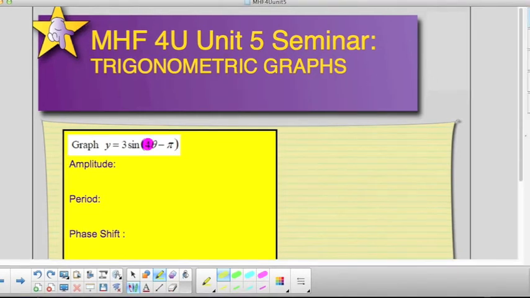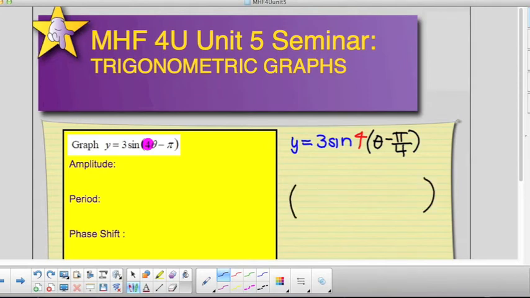So the first thing we're going to do is rewrite our equation. So this is y is equal to 3 sine, and I'm dividing both terms by 4, so I'm taking 4 out. Theta minus pi over 4. So before we analyze the amplitude, period, and phase shift, let's figure out the mapping relationship first of all.